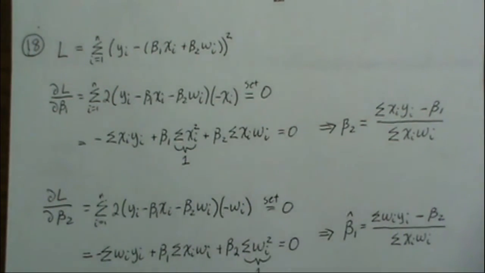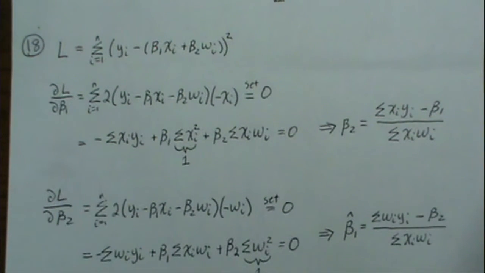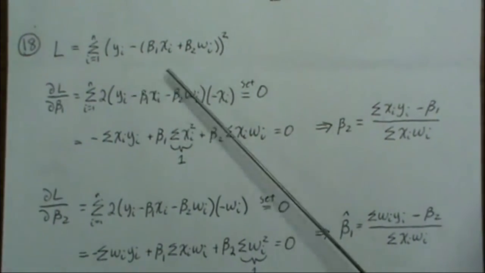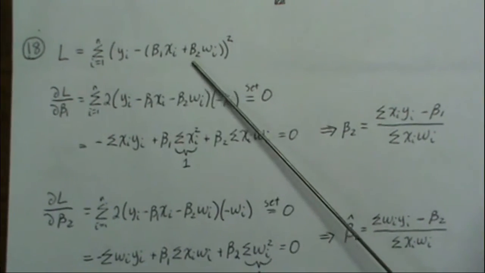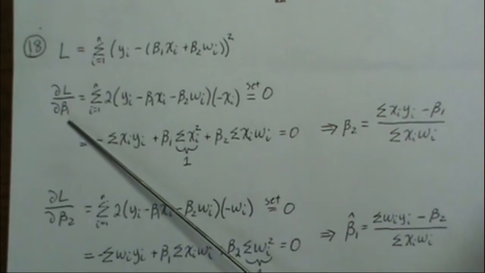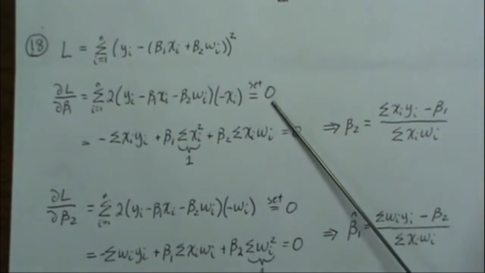So problem 18, we're given a line of beta 1 xi plus beta 2 wi, and we're asked to find the least squares estimate of beta 1 and beta 2. So we set up the sum of the square differences between our data and the proposed line. We take the derivative with respect to beta 1, which is this, set it equal to 0.